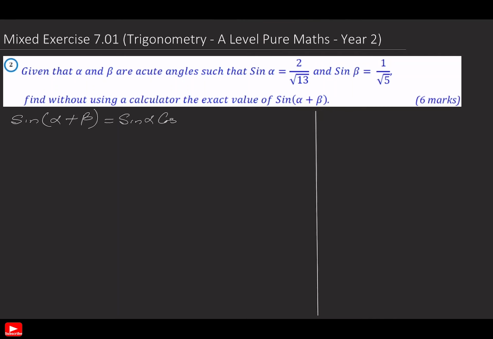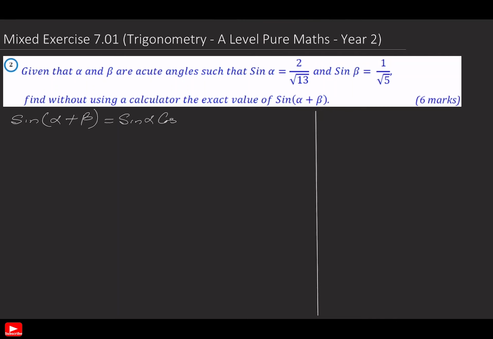If I say this is alpha, then from here, sine alpha according to SOHCAHTOA is opposite over hypotenuse. That means this is 2 and this is root 13.